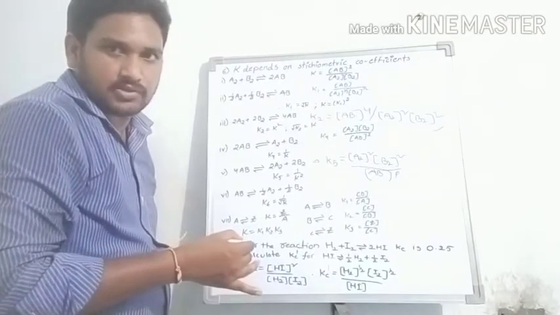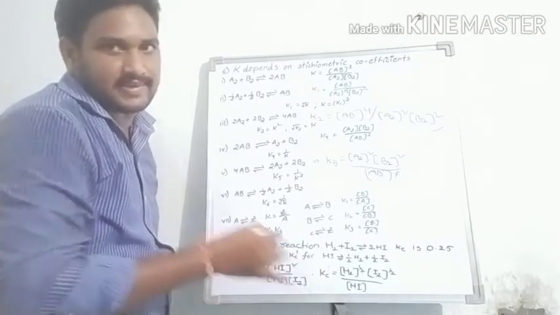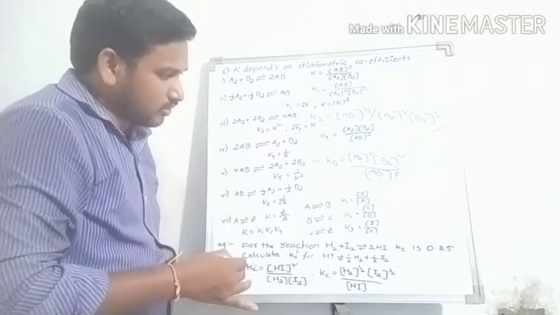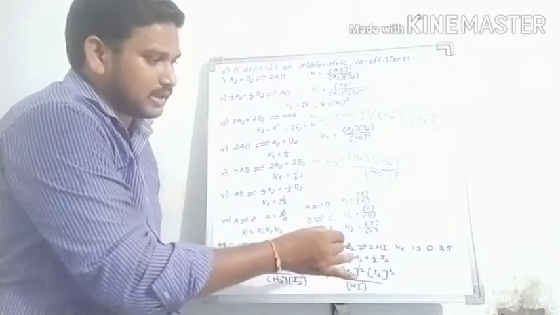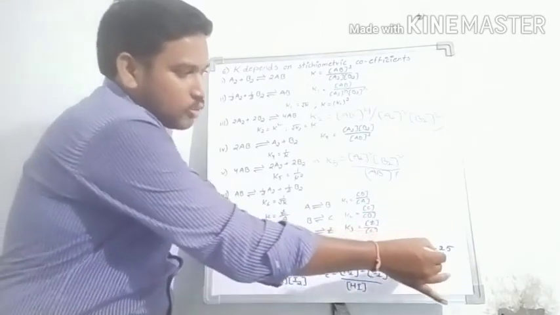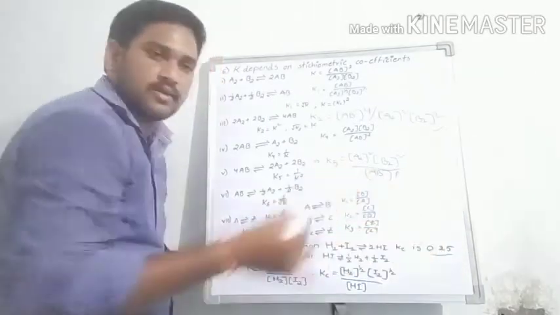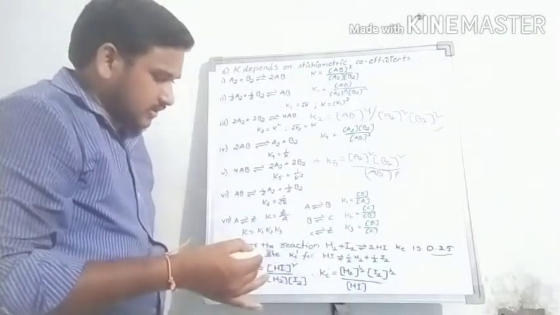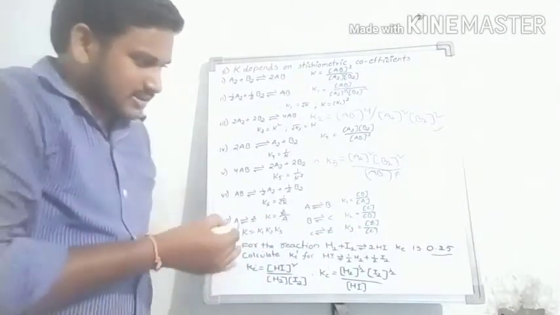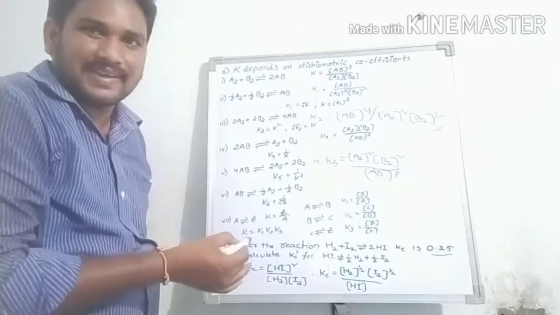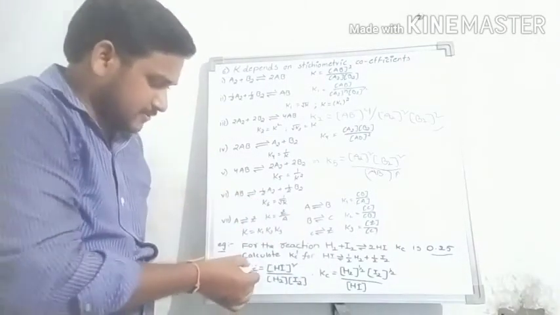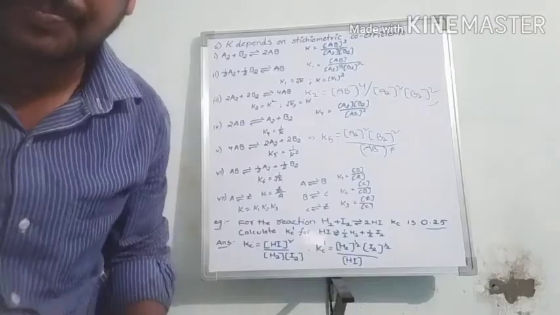So that is the question, to find the Kc dash. In the above reaction Kc is supplied as 0.25. In this type of problem, write the Kc for the above reaction first.